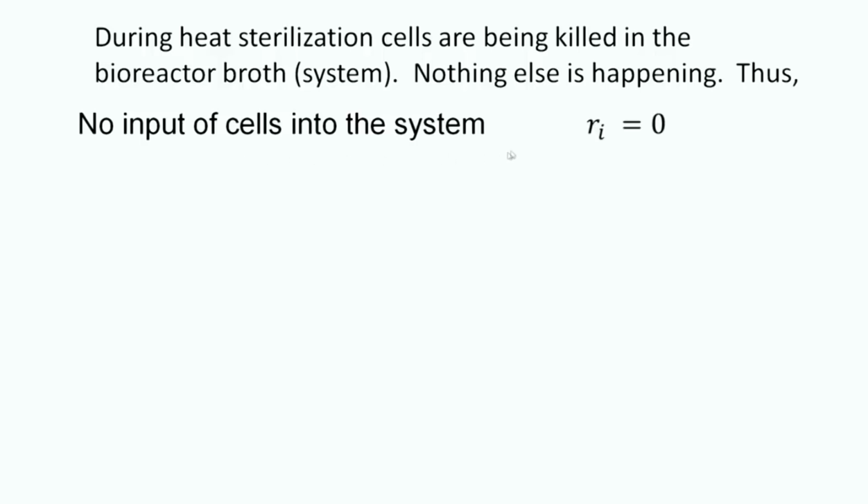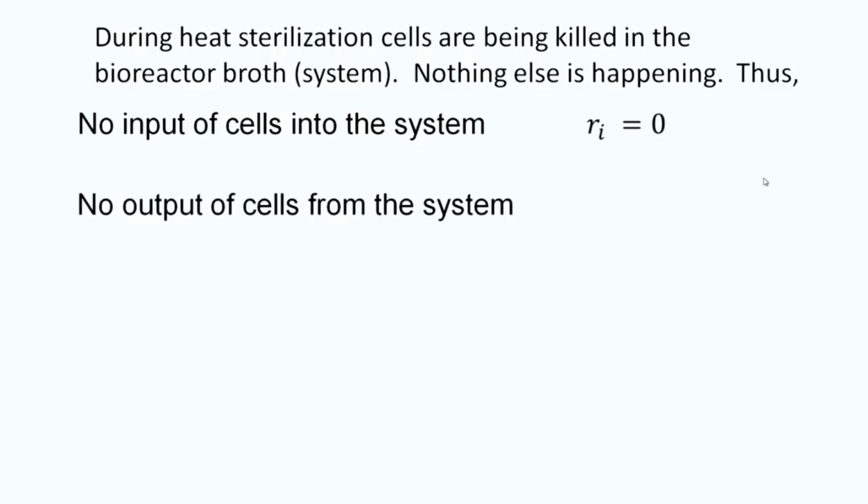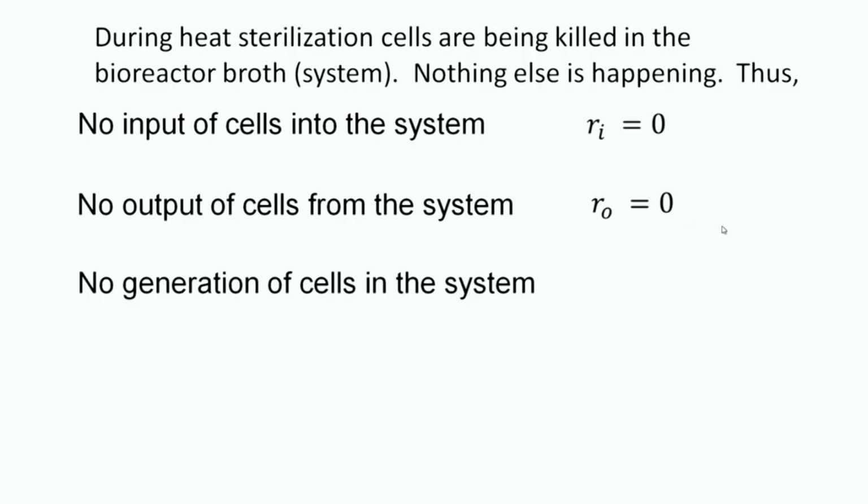Therefore, the rate of input of cells, mass of cells into the system is 0. There is no output of cells from the system. The rate of output of cells, again mass of cells or number of cells, is 0. There is no generation of cells in the system, or let us assume that.